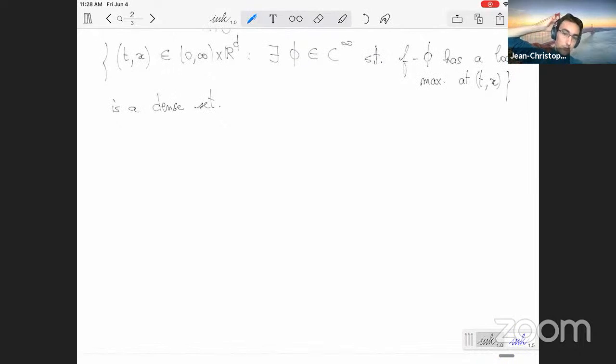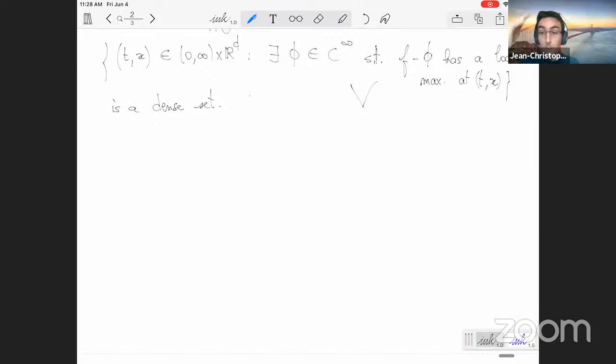So I want to do this. I'm going to fix a point, and I'm going to try to touch my function f at points which are as close as desired to this specific point. So I cannot touch exactly at any single point because you see, if the function is like the absolute value, I'm not going to be able to touch it at the origin.